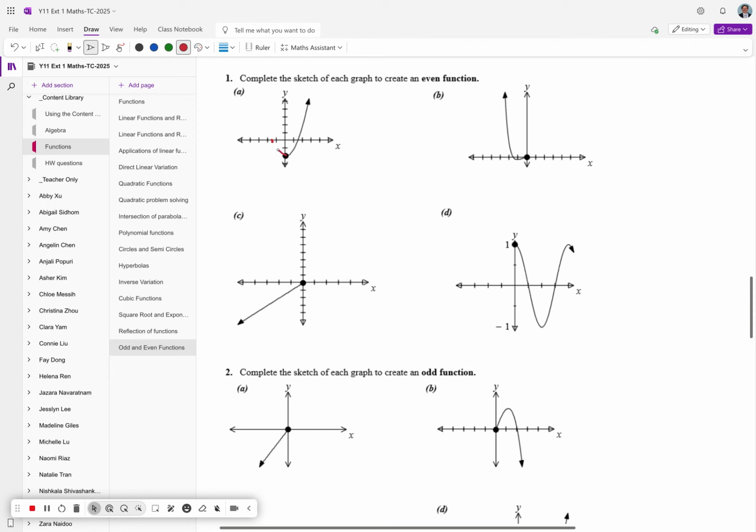So sketching this so that it's symmetrical about the y-axis, that's the even function there. Same thing here. This has got a little x-intercept on the other side, equally distant from the origin. So sketching this, you can pause the video at any time. The graph has to be symmetrical about the axis here.